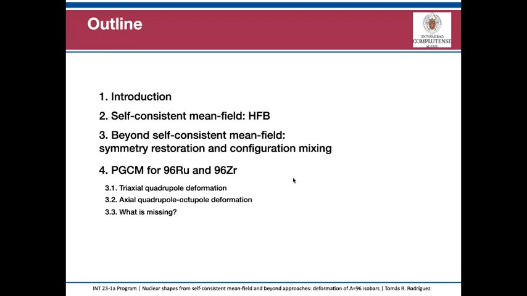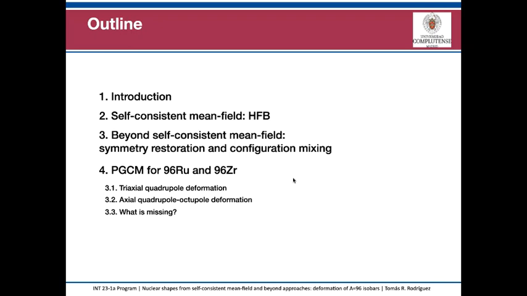And then I will talk about the beyond mean field approximation: first symmetry restoration and then configuration mixing. This is something that I think was already discussed by Benjamin, but nevertheless, it is probably not a bad thing to repeat things.